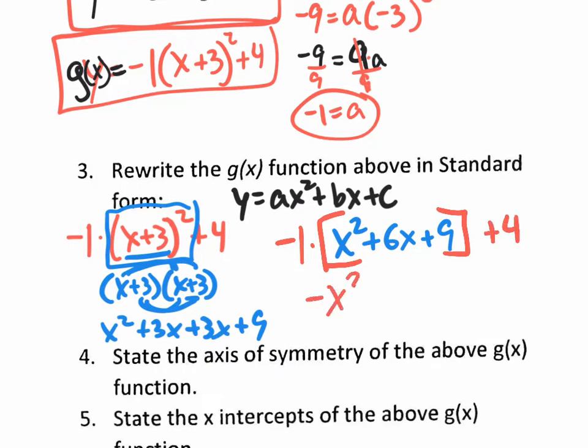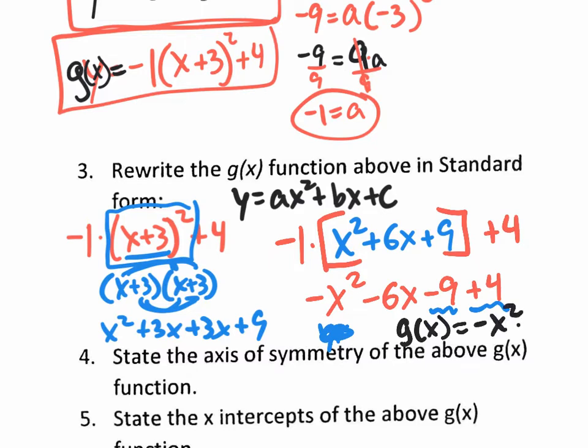It's going to be a negative x squared minus 6x minus 9. And now at the very end, you add 4. And of course, you're only going to be able to combine the negative 9 with the 4. So your final answer is y equals, oh no, they wanted us to write it as g of x. G of x equals negative x squared minus 6x minus 5. That's your answer for number 3.